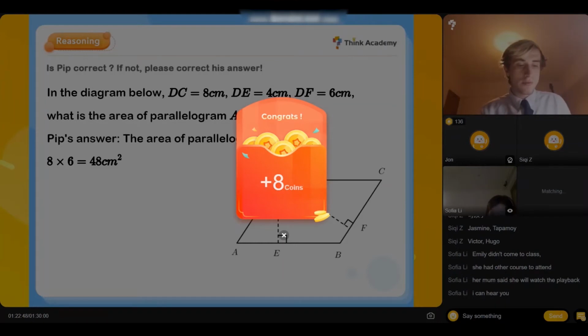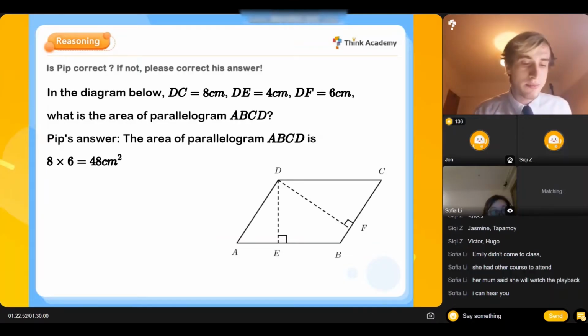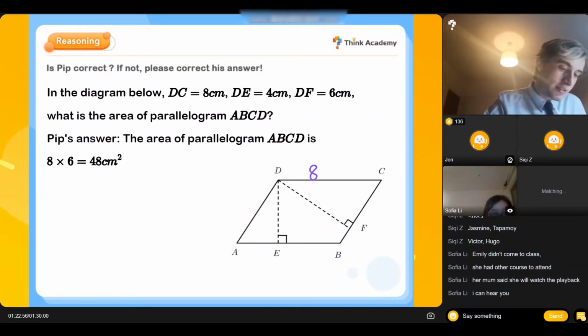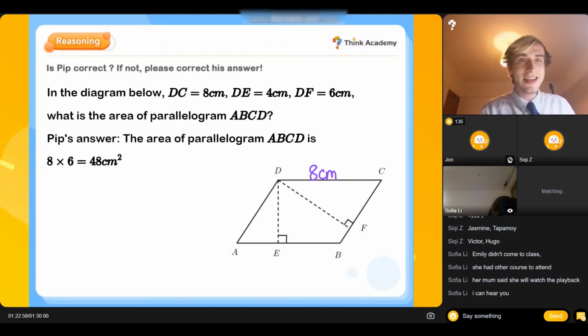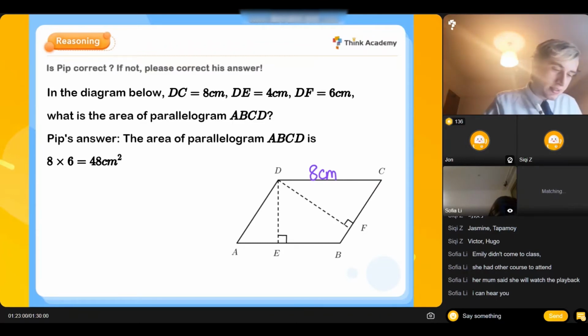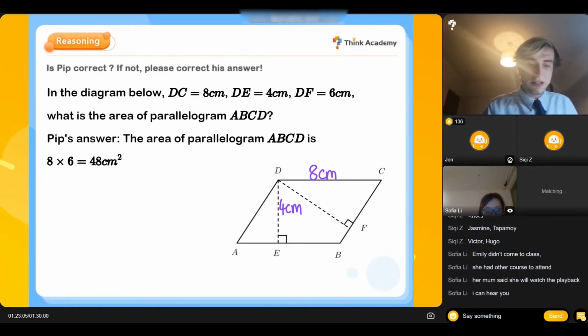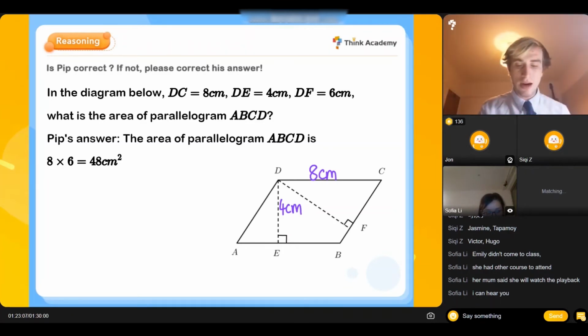Now, first things first, fill out the diagram so we can see exactly what we're working with here. DC, D to C is 8 centimeters. DE, 4 centimeters. So I want you to all copy me as well in your textbook and fill out the diagram, write it all out so you can see what's going on.